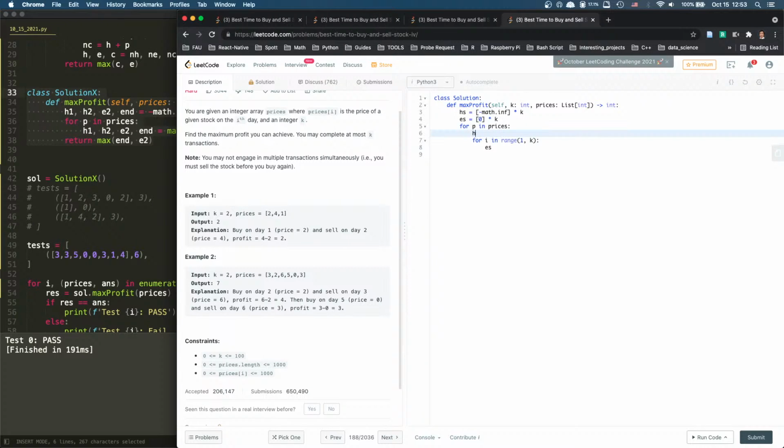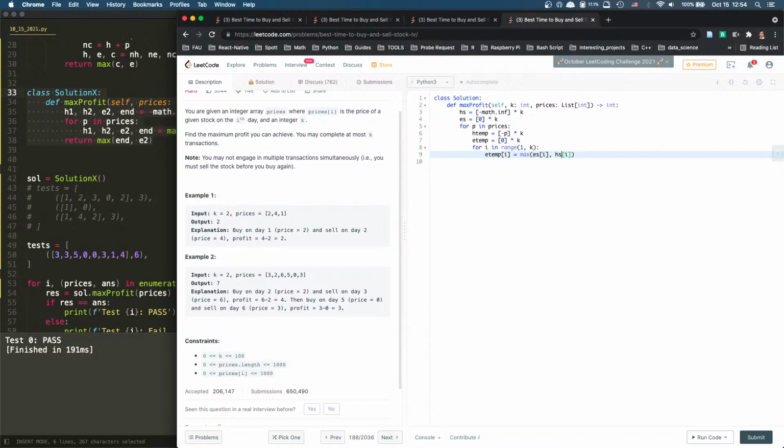So we need to say htemp. It doesn't matter what it starts as, minus p times K, and etemp equals 0 times K. We'll just have this. Then etemp I will equal the max of ESI, the previous, and HSI, also the previous.